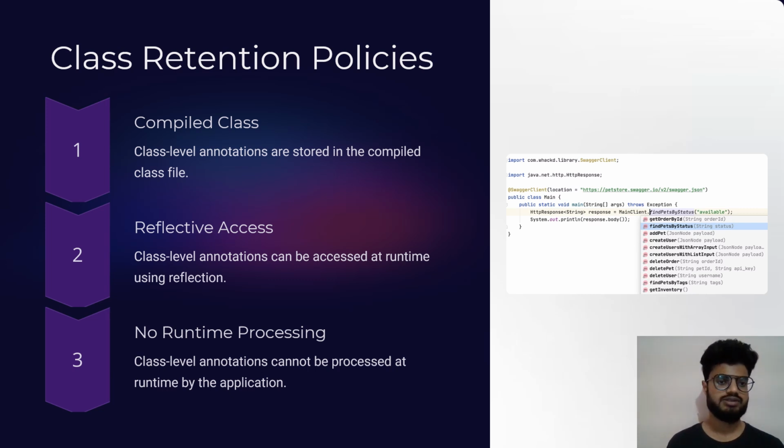The first point is compiled class. It is available at the class level only, as I told. To access these class-based retention policies, we have to use reflective access, as mentioned here. And again, it is not available at runtime.